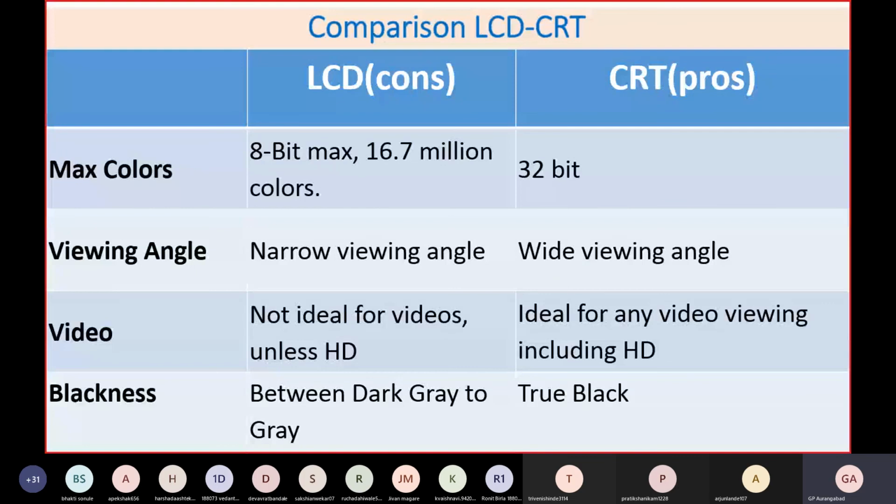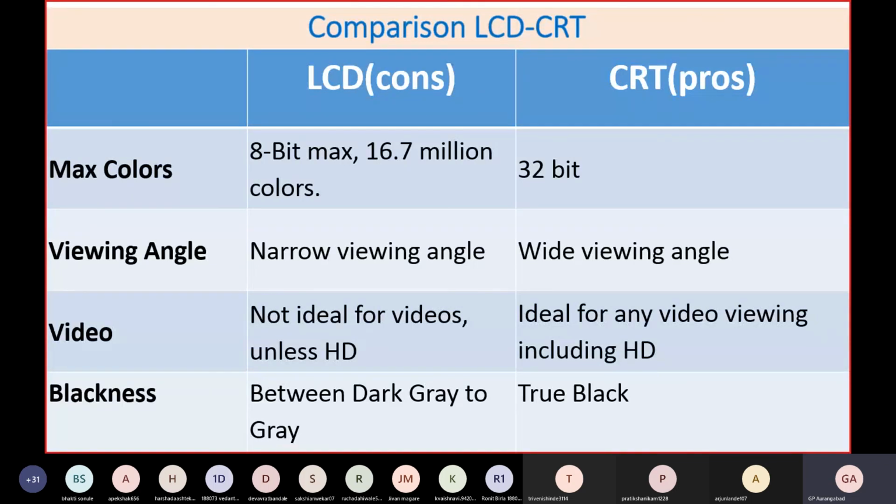Then what is an active matrix display? Passive matrix display. Later on, we compared the differences between an LCD display and a CRT display.